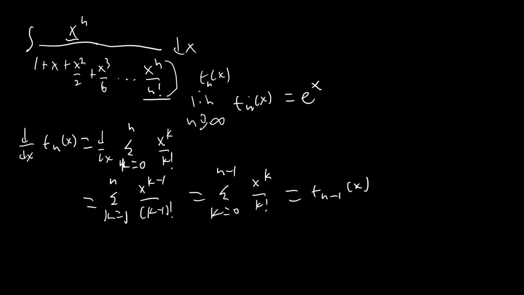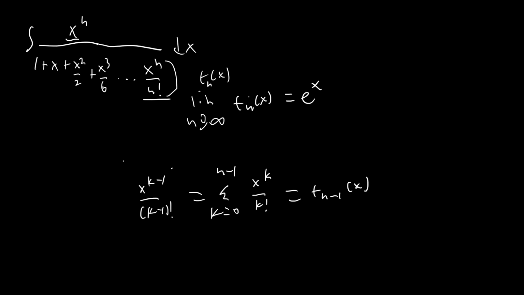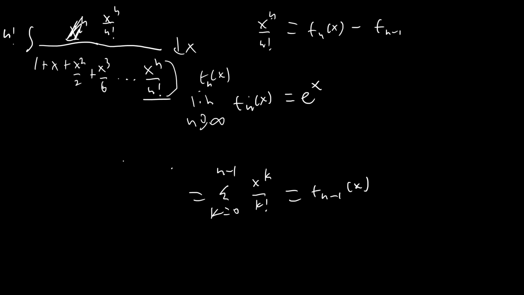So let's go ahead and make some space to do the actual calculation here. If we multiply by n factorial out here and divide by it in here, so we're going to have x to the n over n factorial, we know that x to the n over n factorial equals f_n of x minus f_{n-1} of x, since that's the only term that's different, right?